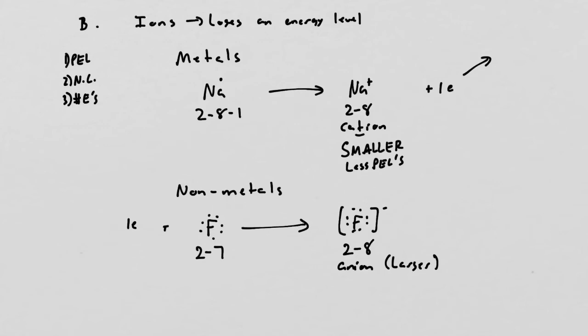The reasoning, though, okay, we have to go through the criteria. So we look at it. Do the number of principal energy levels change? And the answer to that is no. They both have 2 energy levels. Does the nuclear charge, which is just the atomic number, change? No, both fluorine and the fluoride have 9 protons in their nucleus. So the number of positive 1 charges in there, total plus 9, is the same for both of them.